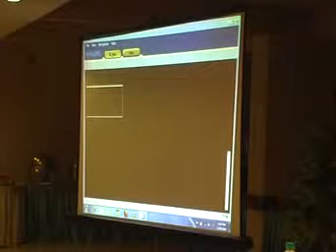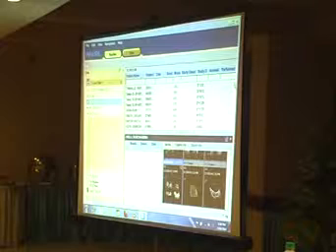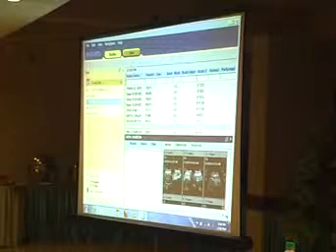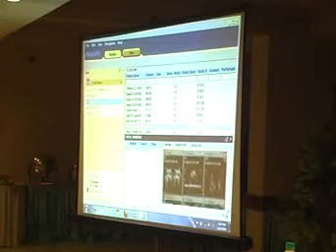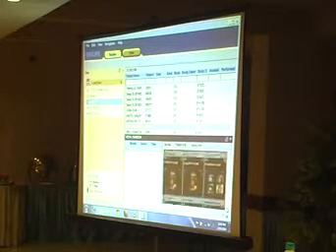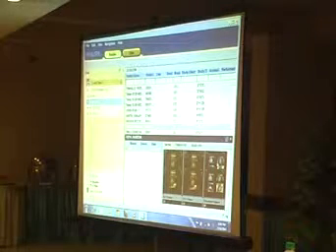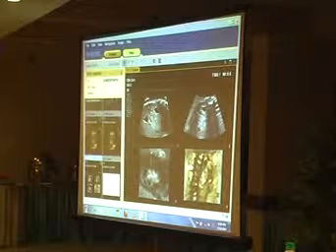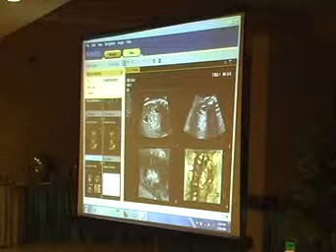Try a different style. This was a case of hydronephrotic kidneys. So this is the raw data here.